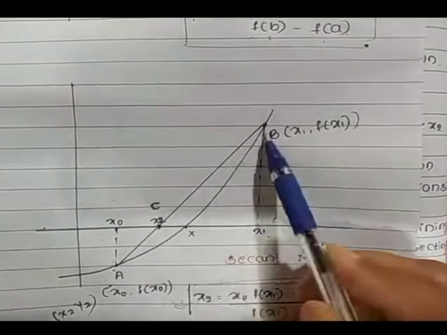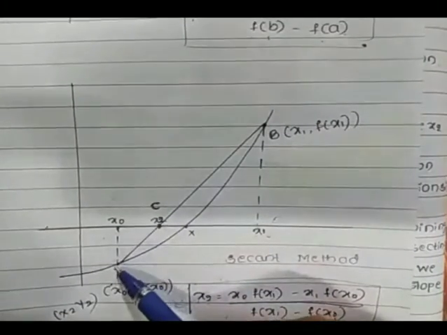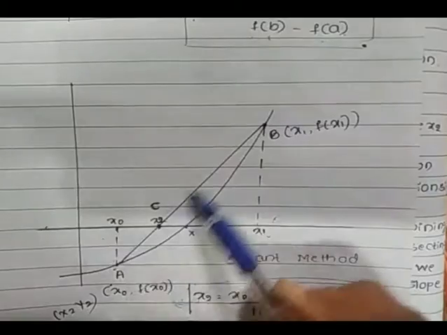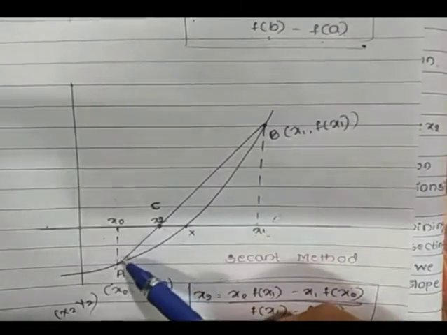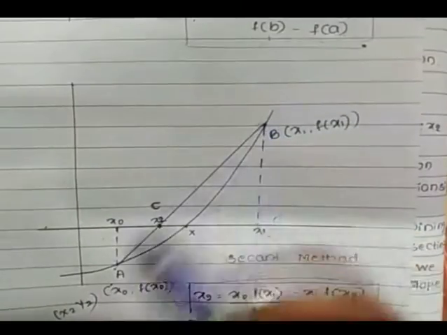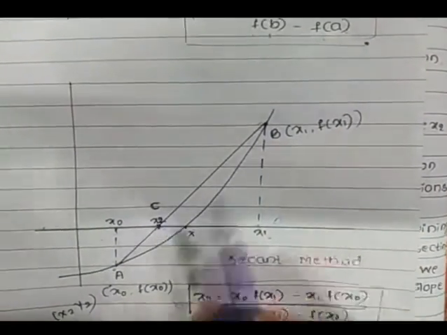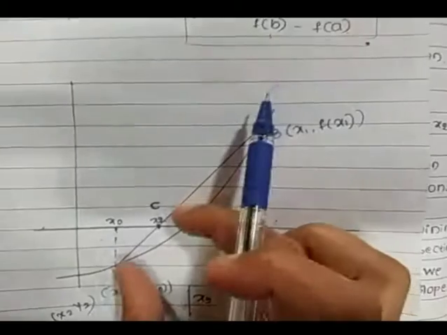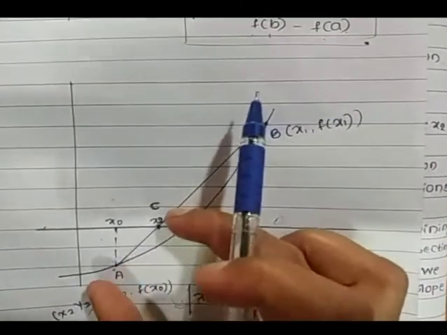See, these three points A, C, B are lying on the same line. Therefore, based on this, the slope of line AB is equal to the slope of line AC. Both are the same.